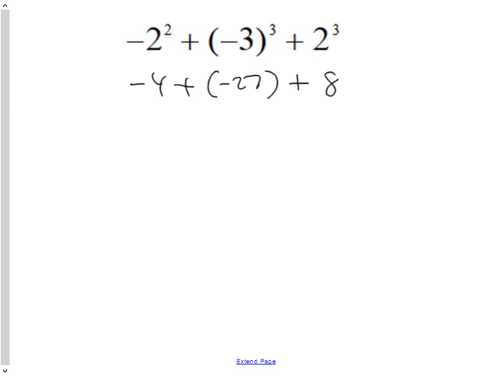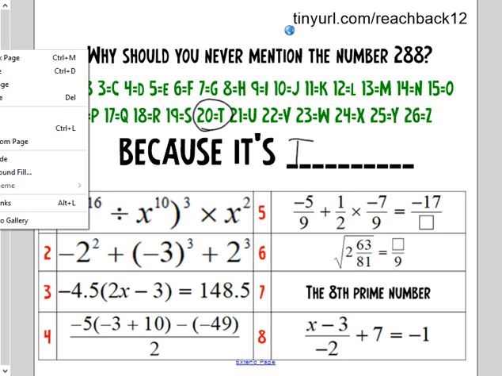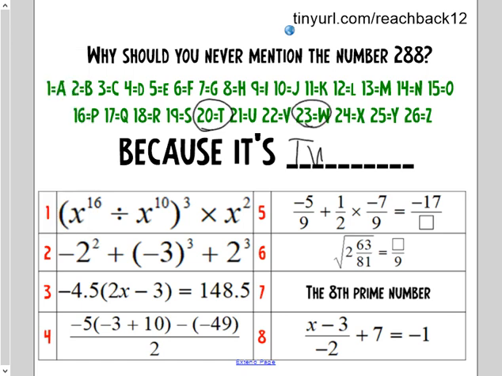So when we simplify, we get this expression. Negative 4 and negative 27 is negative 31. And negative 31 plus 8 is negative 23. So negative 23 is our answer. So 23 is our next letter in our answer, which is W. Oops, it's on top of my T.